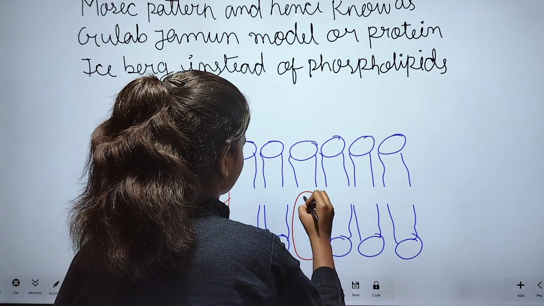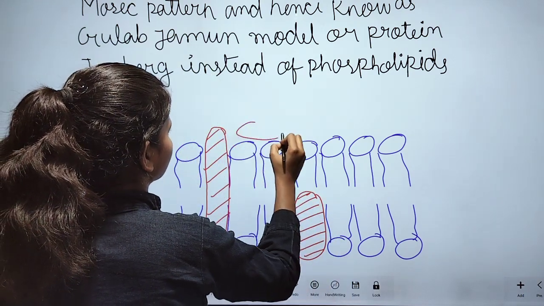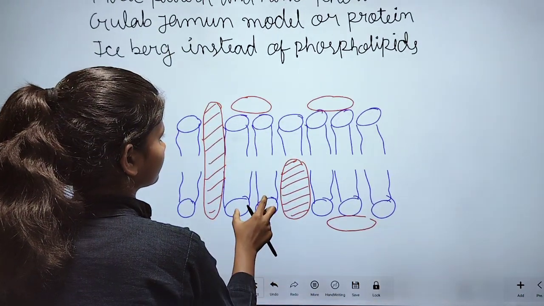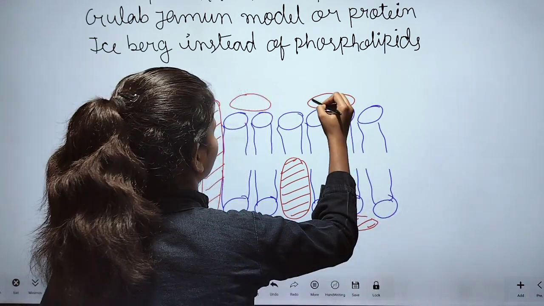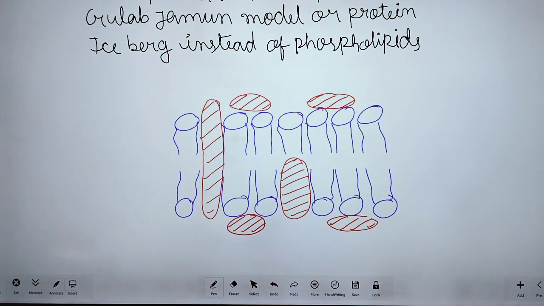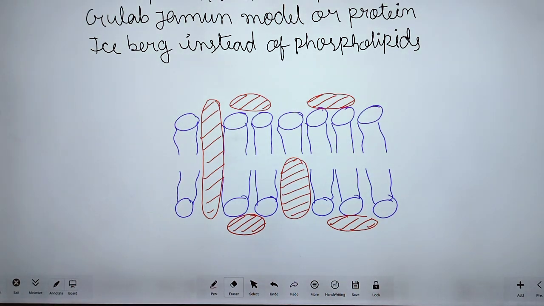This red one is known as protein, and this blue part is known as the lipid layer.